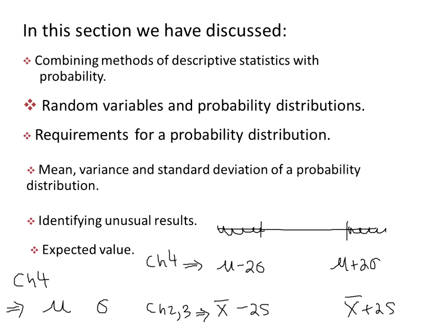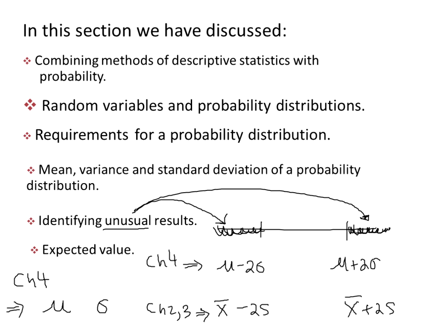So just be aware of that. So regardless, we're still looking at 2 standard deviations above the mean to be unusual and 2 standard deviations below the mean to be unusual. All right, so just keep in mind that our notation has changed when we're working with probability distributions.